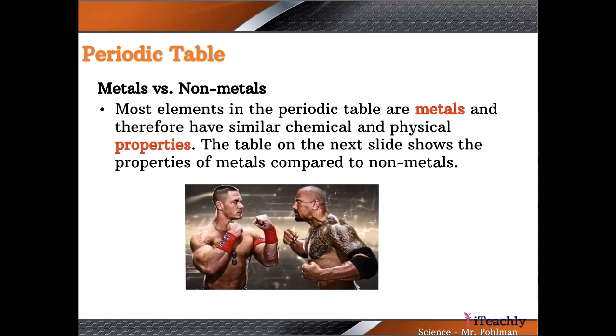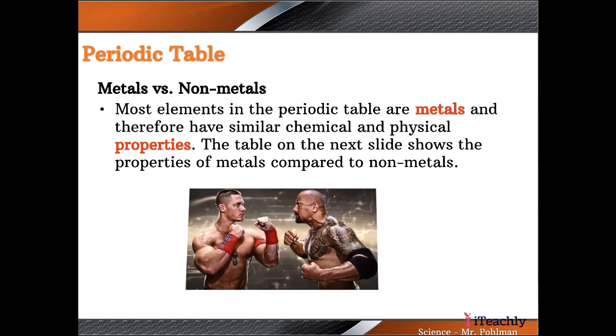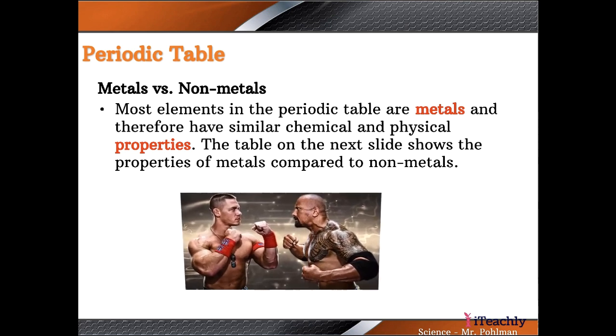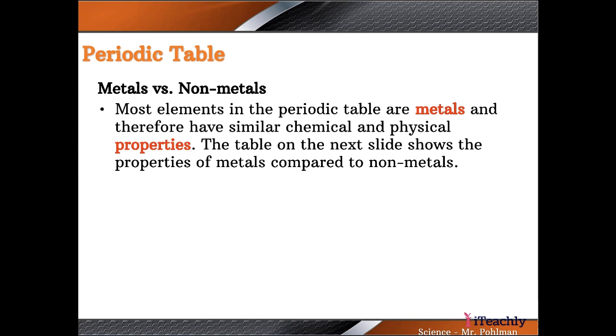Metals versus nonmetals. Metals, as I said, want to give away electrons, and therefore their chemical and physical properties are similar. Metals are good conductors of heat and electricity. They have lustrous properties; they want to be shiny in nature, etc. And we'll look at more of those in just a moment. Then we have nonmetals.